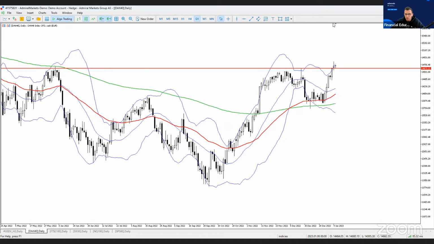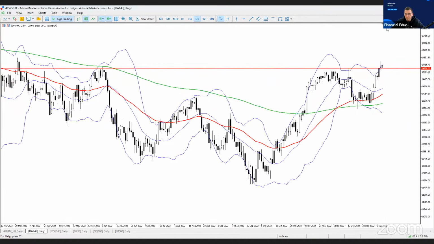We go to the DAX 40, the German index, and the price finally closes above this resistance. However, for breakout traders, maybe that's a good way to play it. For me, ideally not.